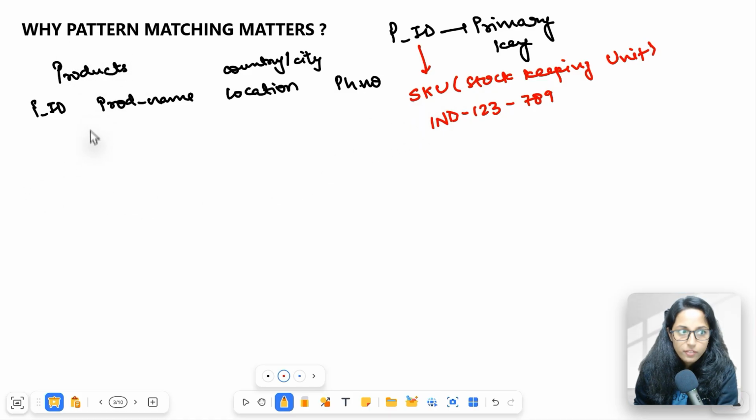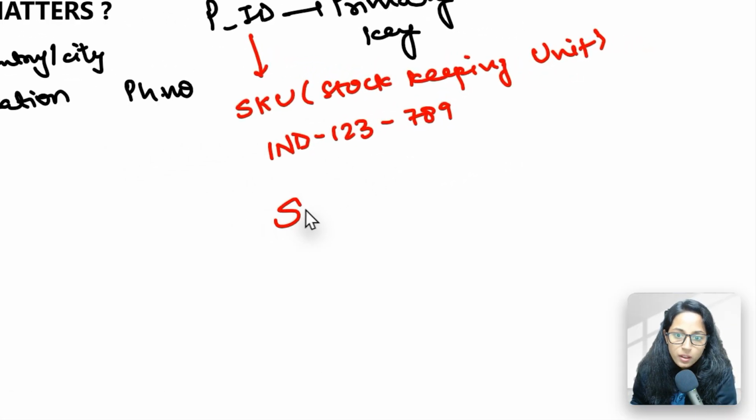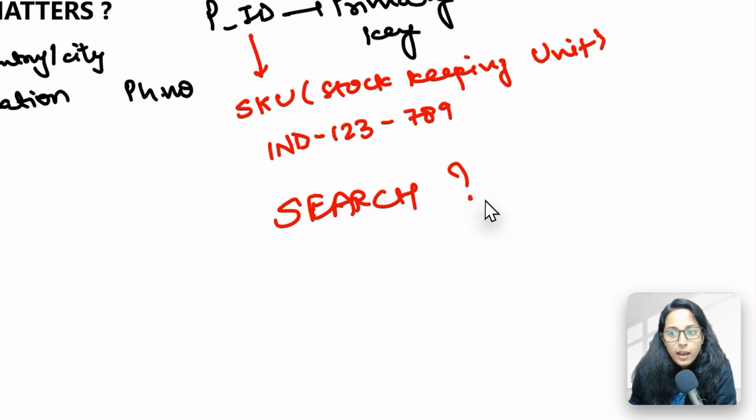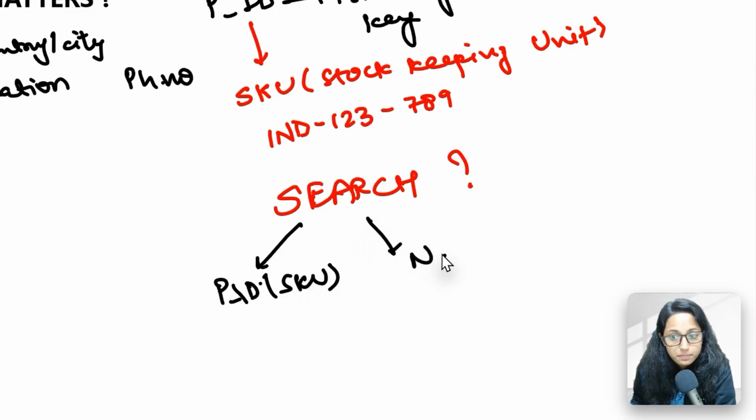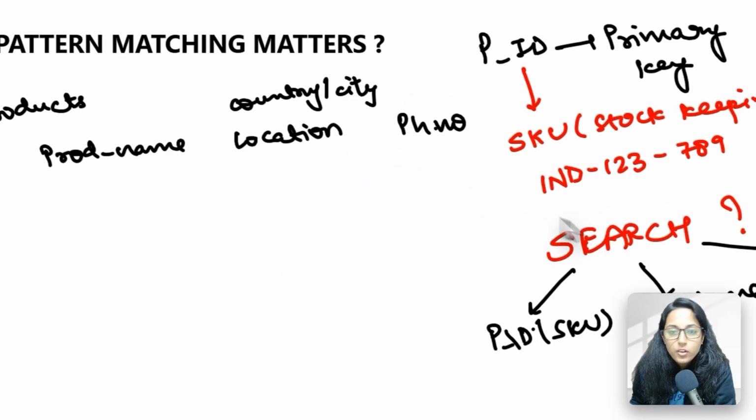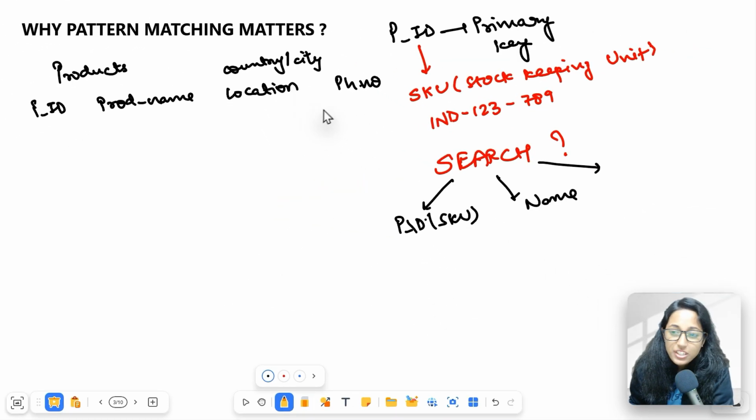So if I want to search for any particular product, how am I going to search it? I have so many ways to do it. I can search it using my product ID, or my SKU, or my product name. Or if I go with the location, then it will be very generic because in a particular location there could be multiple products.